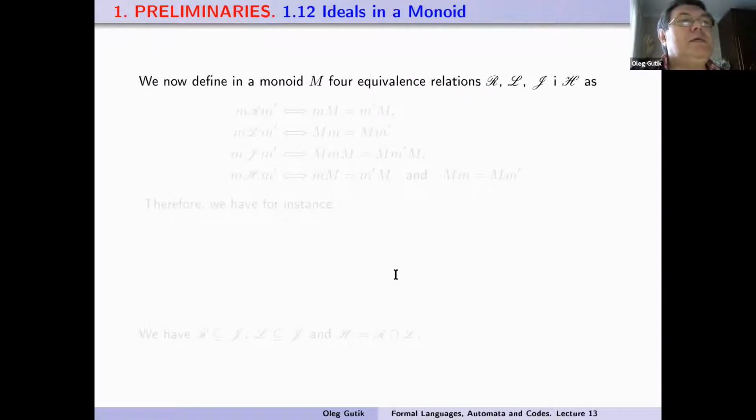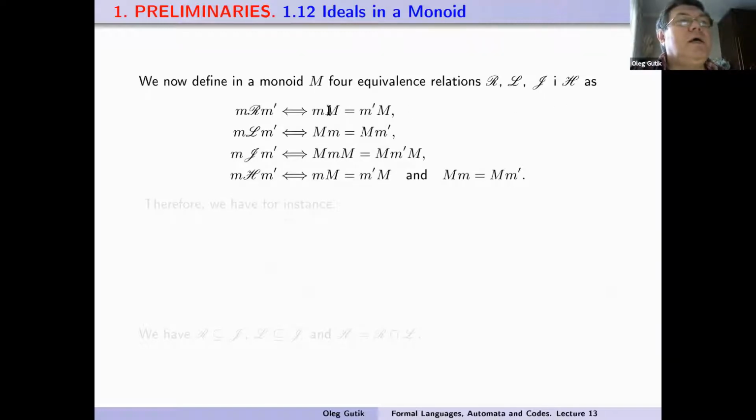We now define in a monoid M four equivalence relations R, L, J and H in the following way.